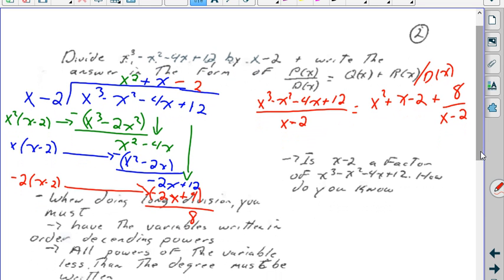Is x minus 2 a factor of this one? And why or why not? If I ask you if a number is a factor of another number, what do you know about that? If I say 16 is a factor of 64, well, how do I know it's a factor?